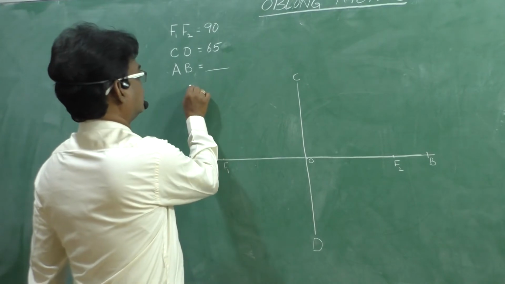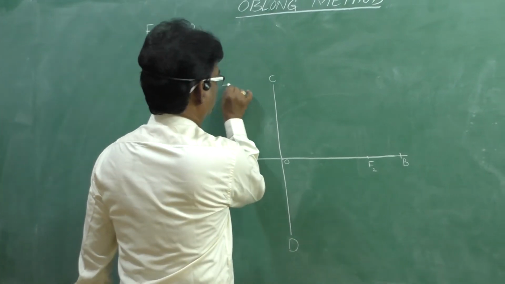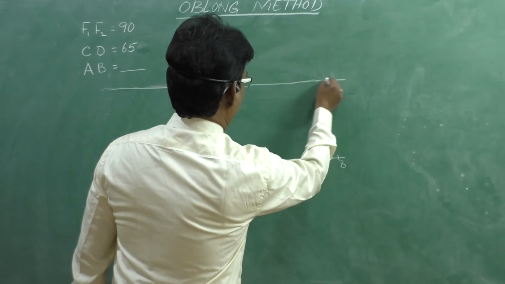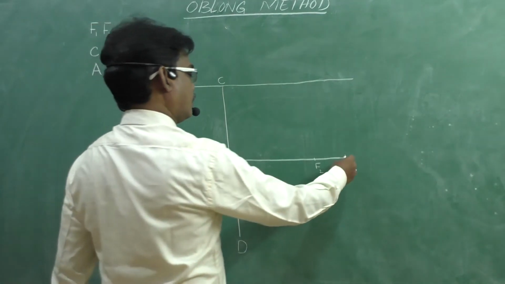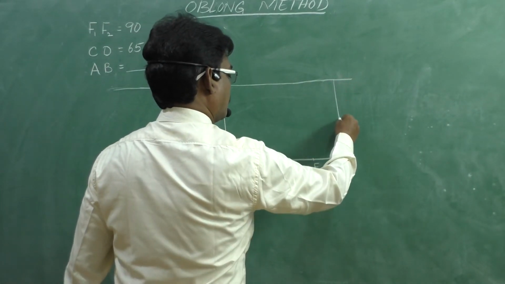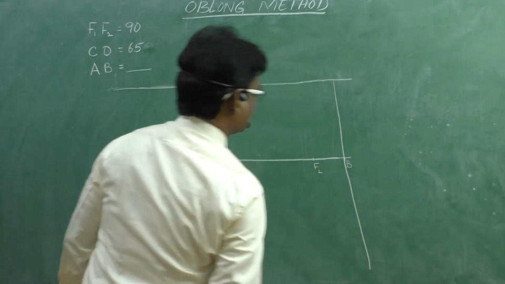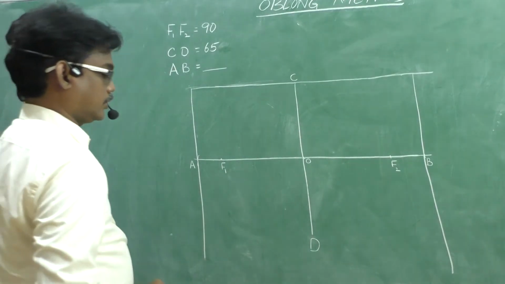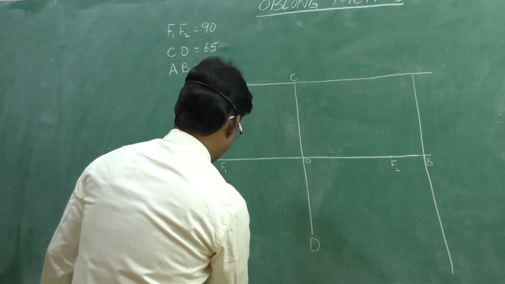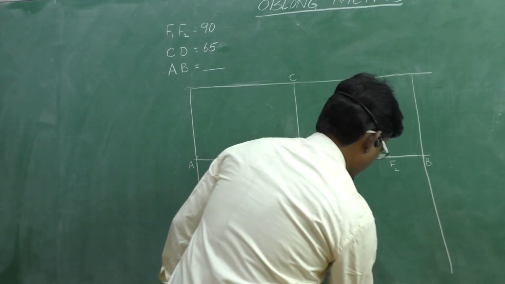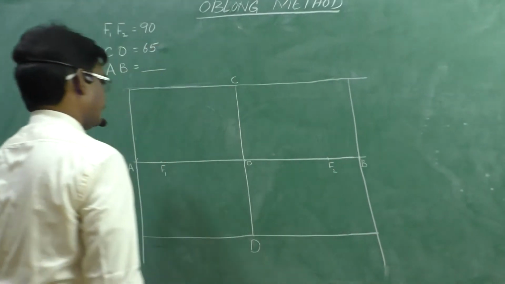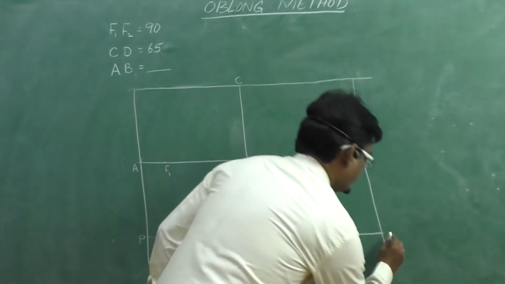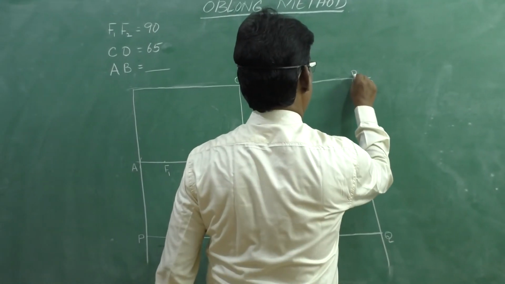Draw a horizontal line through C, and draw a vertical line through B. Here also draw a vertical line through A. After that, draw a horizontal line through D. The intersecting points we can call P, Q, R, S.